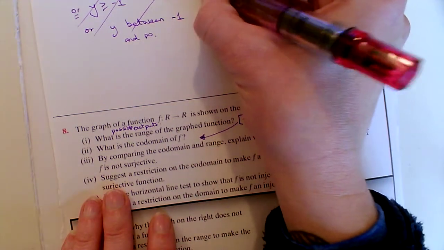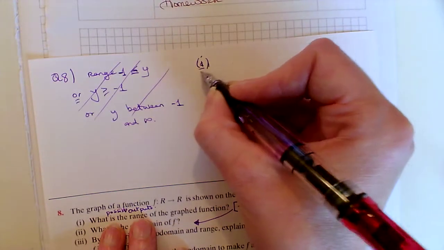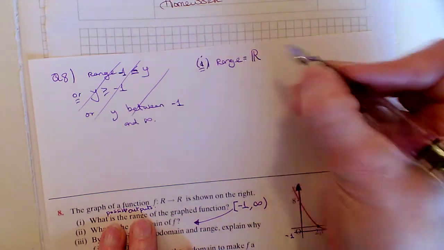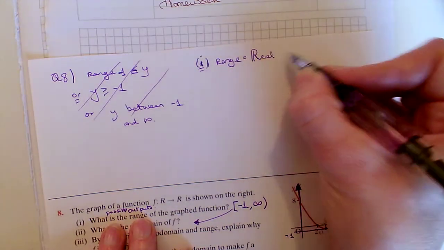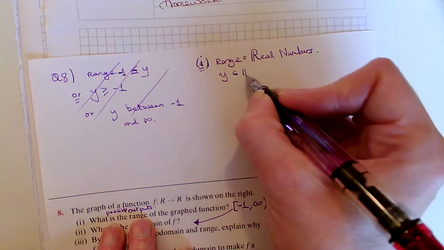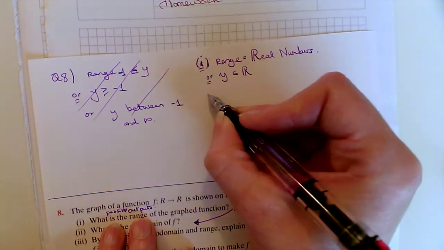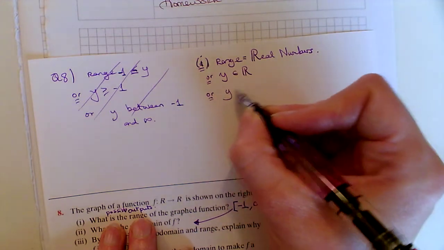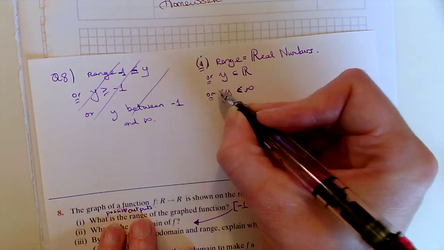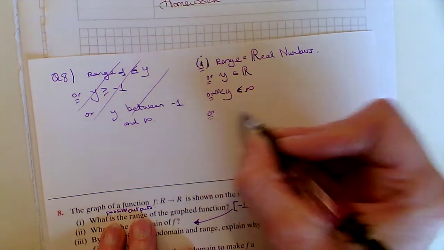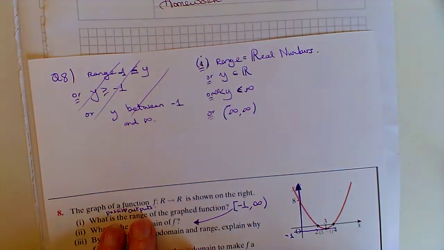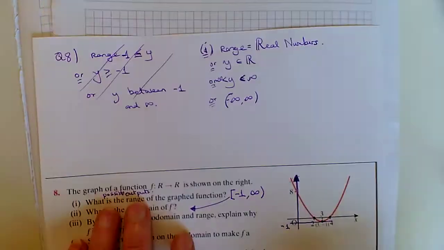So for part 1, I should have written that the range is the real numbers. Or y an element of the real numbers, or we can even say that y is between infinity and -infinity, or we can actually write it looking like a point like that, from -infinity to infinity.